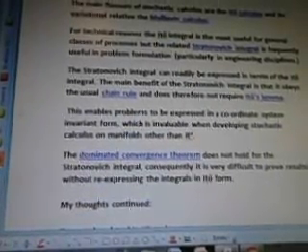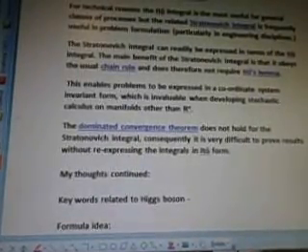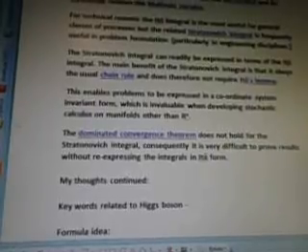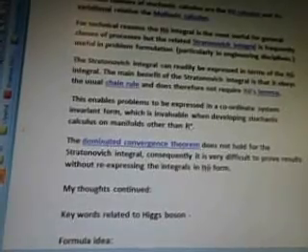For technical reasons, the Ito integral is the most useful for general classes of processes, but the related Stratonovich integral is frequently useful in problem formulation, particularly in engineering disciplines. The Stratonovich integral can rarely be expressed in terms of the Ito integral. The main benefit of the Stratonovich integral is that it obeys the usual chain rule and does therefore not require Ito's lemma.